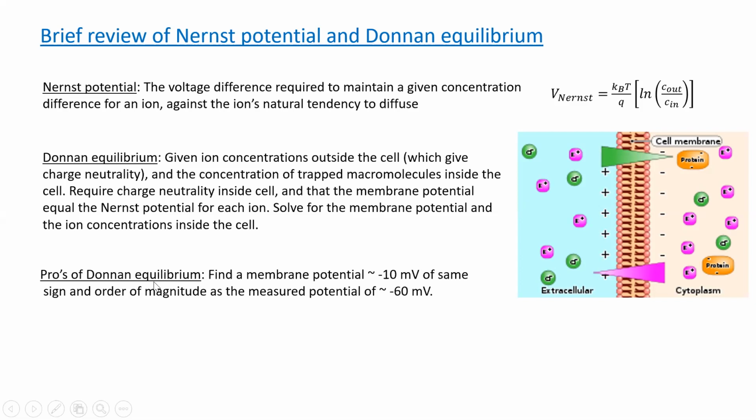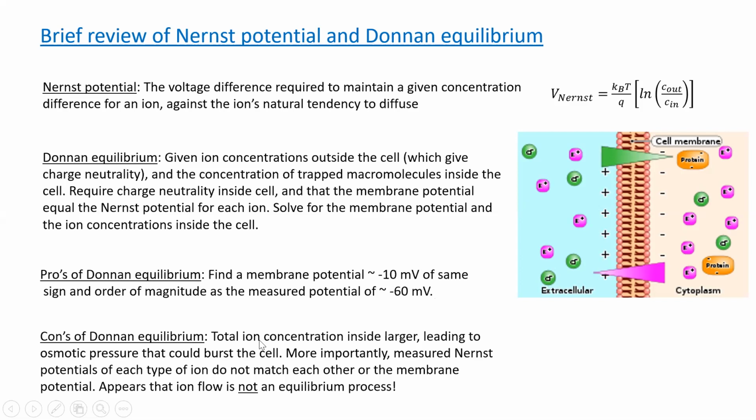And there were pros to the Donnan equilibrium. We found a membrane potential of about minus 10 millivolts, which is the same sign and the same order of magnitude as the measured cell membrane potentials of minus 60 millivolts. However, there were some cons to the Donnan equilibrium, which were that the total concentration inside was larger.